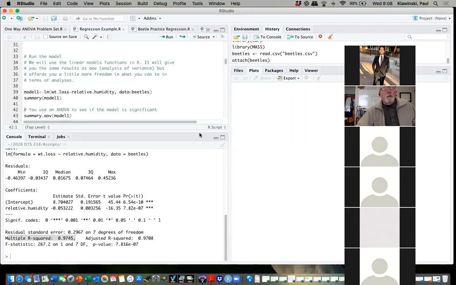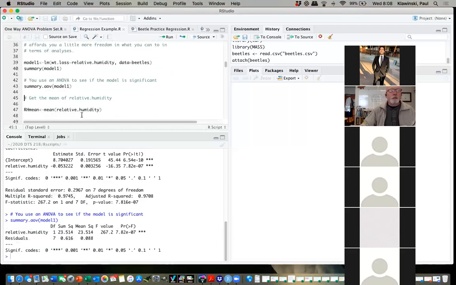regression. So we can also look at it this way if we wanted to, looking at how much variation is explained by relative humidity. Most of the variation in this model is explained by relative humidity, which is why the R-square value (0.9745) is very high.